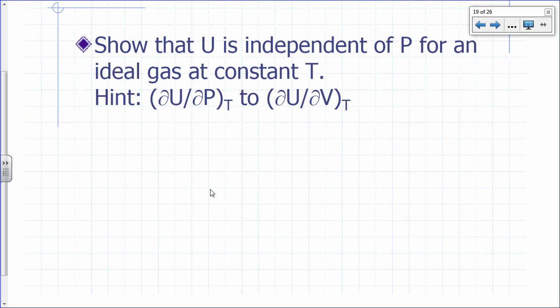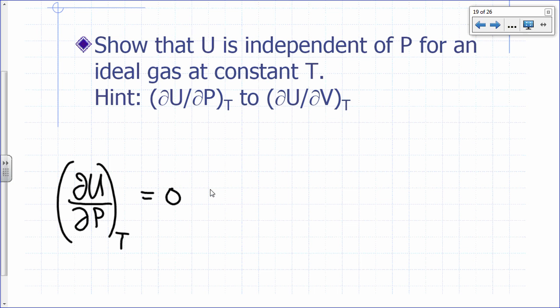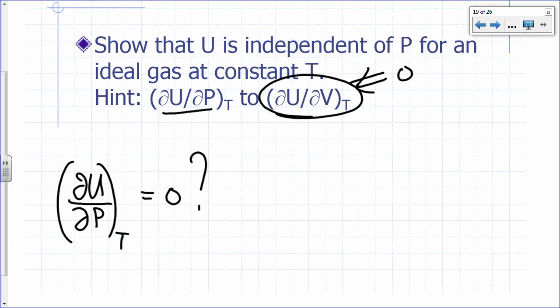Show that U is independent of pressure for an ideal gas. Well, we have to show that partial of U with respect to P at constant T is equal to 0, right? How can we show that? Well, let's relate that to this. We know that this is 0, right? So if you know the partial derivative with respect to volume, how can you get the partial derivative with respect to pressure? What would you need to do?